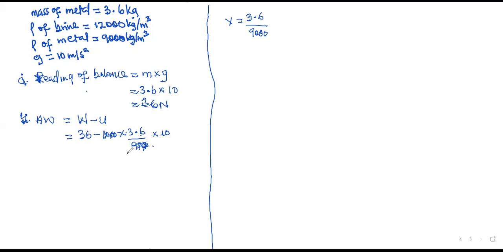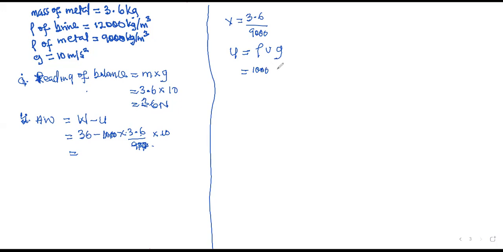Why are we getting 0? What is wrong? The weight is 36, and we are getting this upthrust. Let's determine the upthrust well. Upthrust is rho Vg. The density of water is 1,000, because the metal is in water.